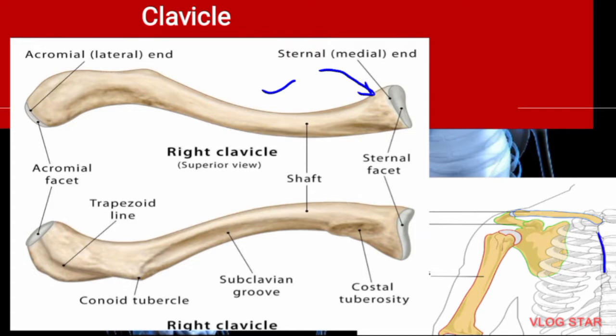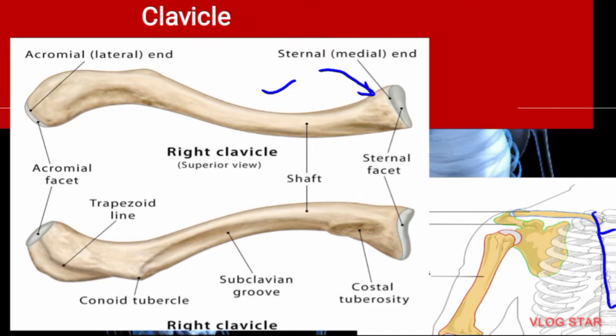This is the sternum and this is the sternal notch. Here is the shaft region. Can you see this? This is the costal tuberosity, the subclavian groove, and the conoid tuberosity.